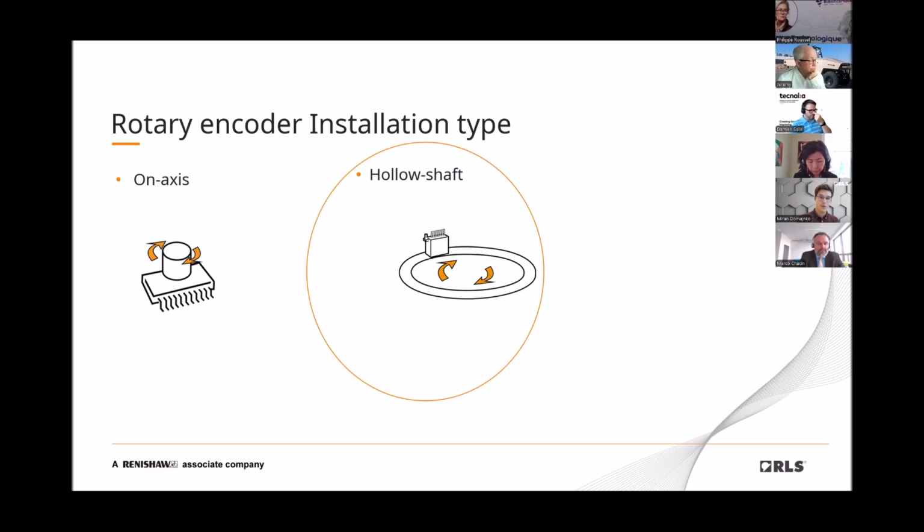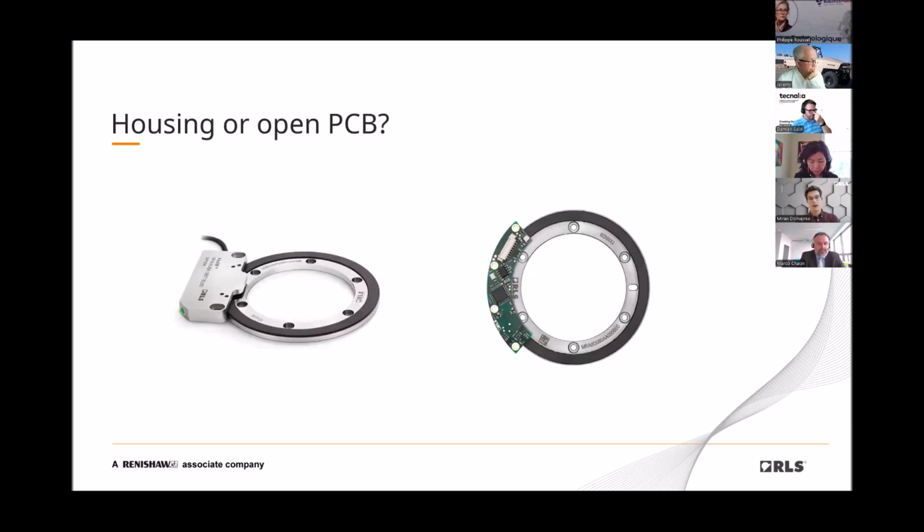Then we move to the next step and we ask ourselves, do we want an encoder with a housing or an open PCB encoder? Housing will obviously protect our encoder, but it will make it slightly bigger and it will mean additional cost.